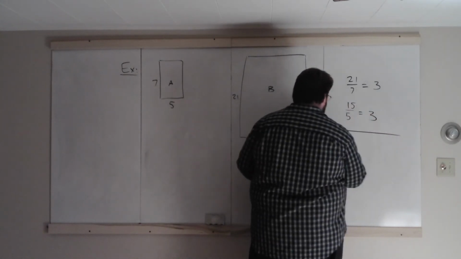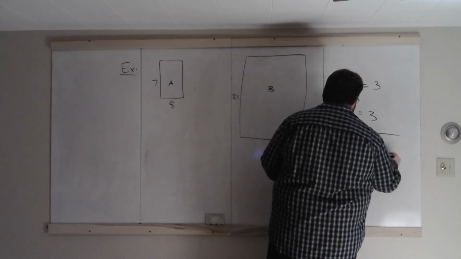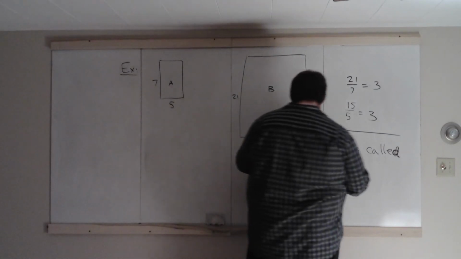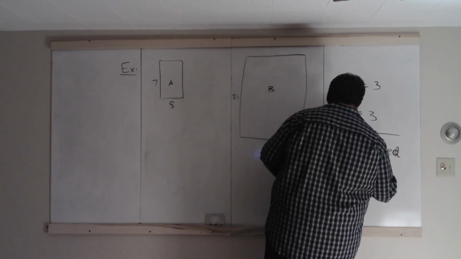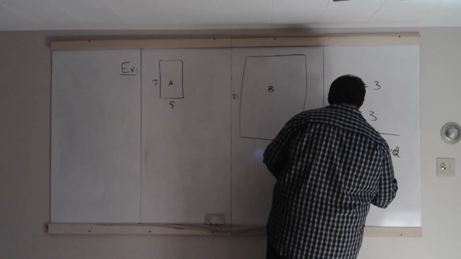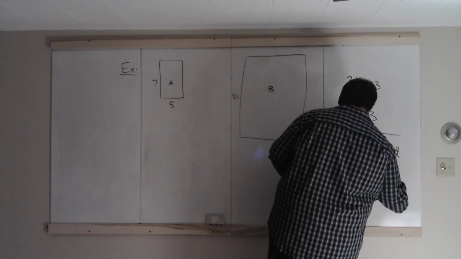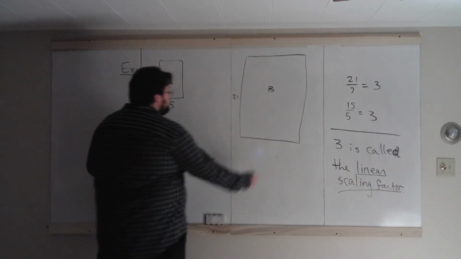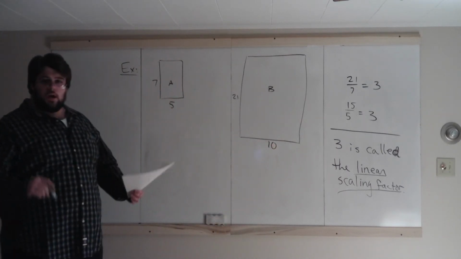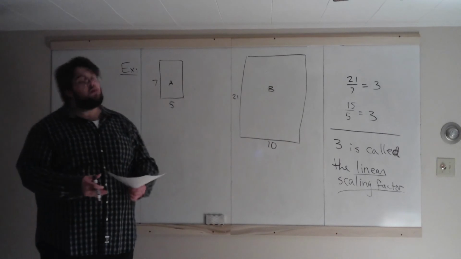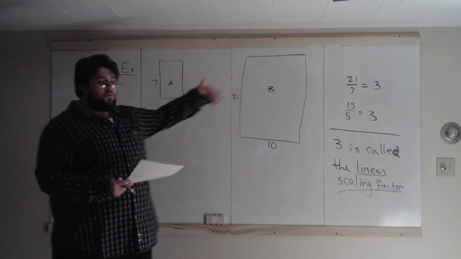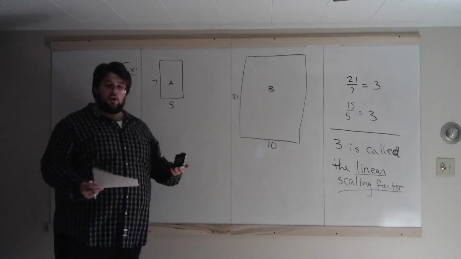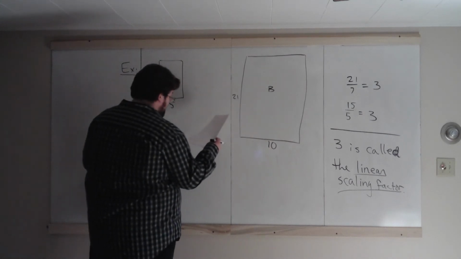This ratio, 3, is called the linear scaling factor. We're going to look a little bit more at that scaling factor, because similar objects are just objects that are scaled up or scaled down. If you did this as your second one and that as your first one, you would get 1/3 as your linear scaling factor.